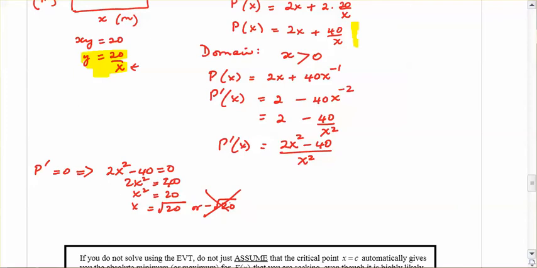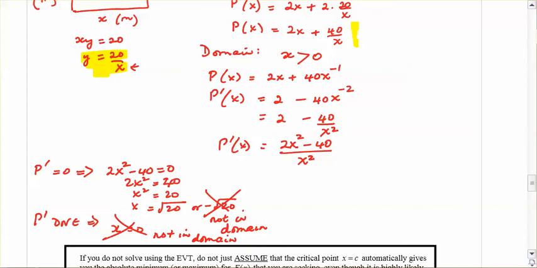Let's cross off the negative root 20 because it's not in our domain. P prime DNE, when is that true? When x is 0. Again, cross it off, it's not in our domain. So in fact, we have just the one critical point.